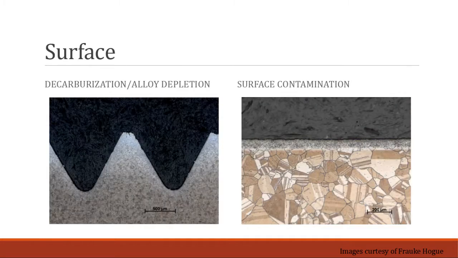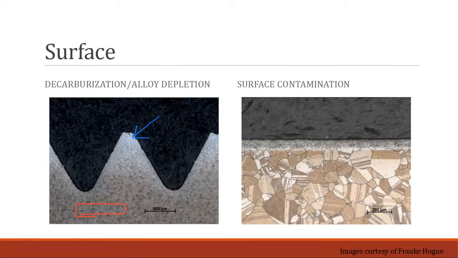Some surface features that you can come across for metallography. The image on the left, especially for steels, is decarburization. And you can see how the etch response looks white at the tips of the threads, but when you're comparing that to the base metal microstructure down here, it's darker, but up here it's lighter.